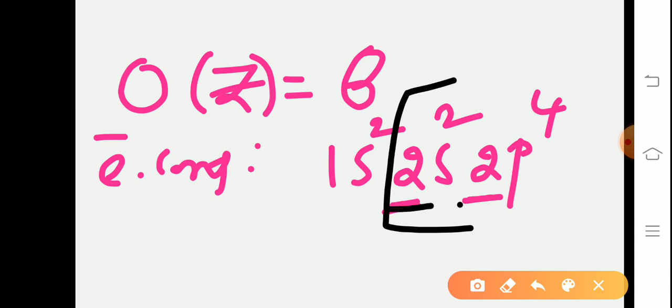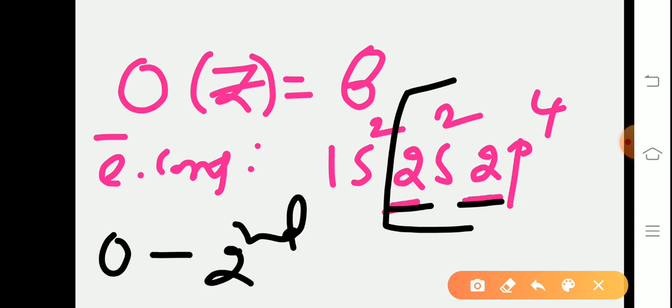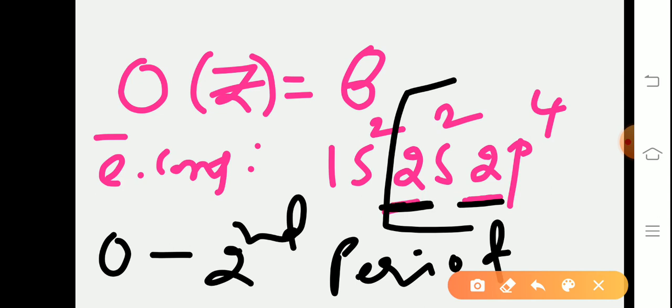In the sense, same 2, 2. So you can say oxygen belongs to the second period because 2 is the second main shell. This is the first main shell and the second main shell. The main shell represents its period, so oxygen belongs to the second period.